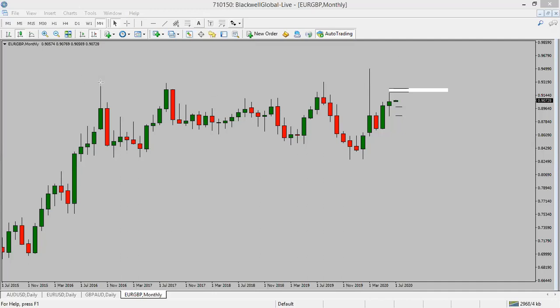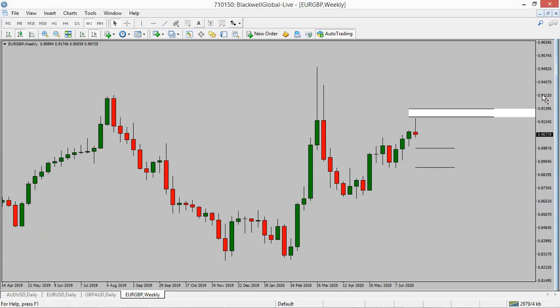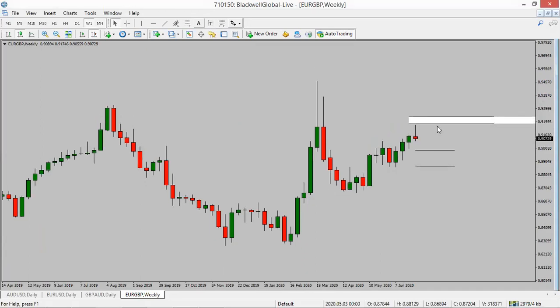So this is good resistance. This zone is the resistance zone, so you have to be wary of that. And when we go to the weekly time frame, you can see the resistance beats this price down.